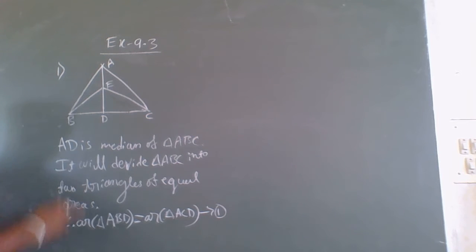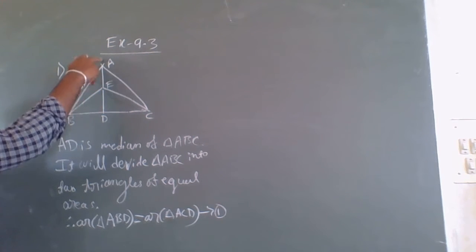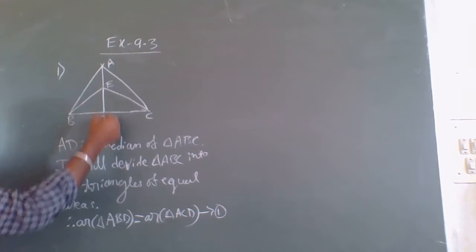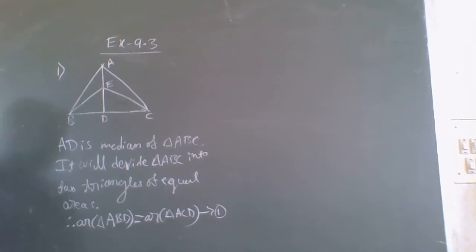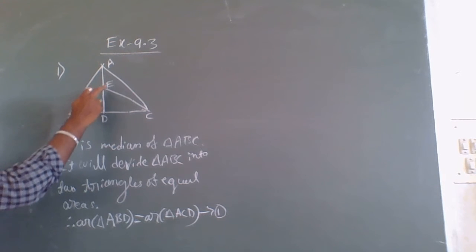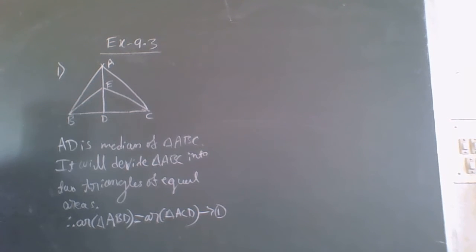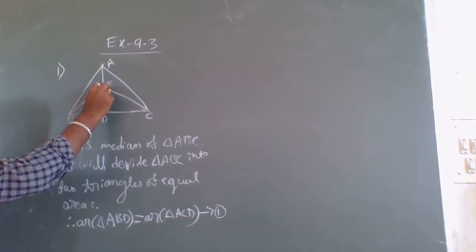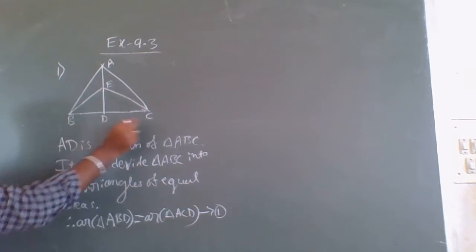Now, this ED is part of AD. So we can write ED is median in triangle EBC, because this ED is part of AD.